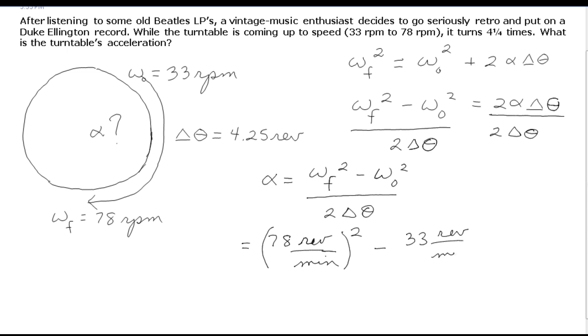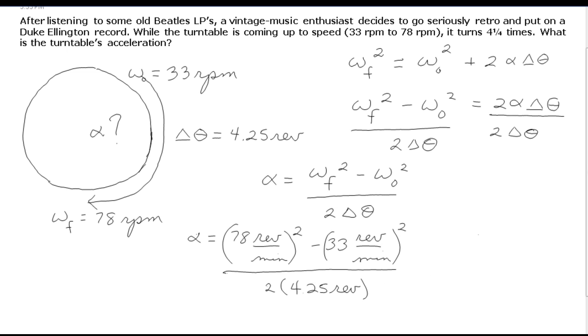And again, I'm going to put that as revolution per minute written vertically. And then we're going to divide by 2 times delta theta, which was 4 1/4 revolutions. Now, it's a little non-standard to answer an acceleration in revolution per minute, but since I didn't specifically say we had to go standard units in this problem, I'm going to do that exact thing. I'm going to take the 78 squared, and the 33 squared, subtract those and divide by the 2 times 4.25 revs.